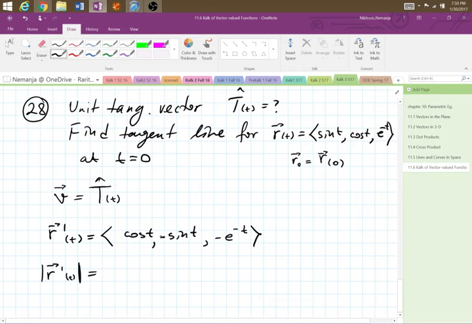The first one clearly goes to 1, right? So we have a square root of what? We have to square this, so the negative goes away. And what do we get? e to the negative 2t. Good.